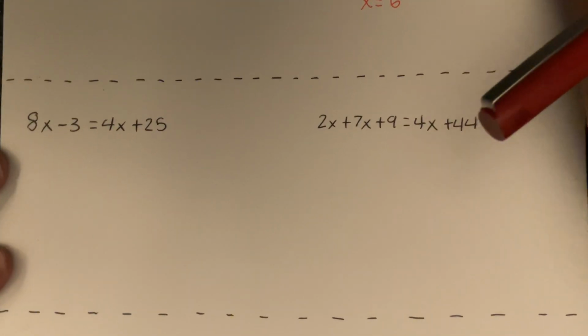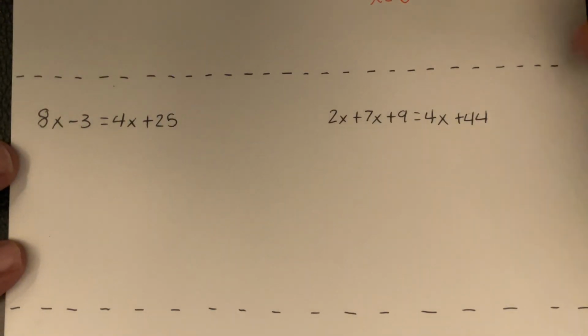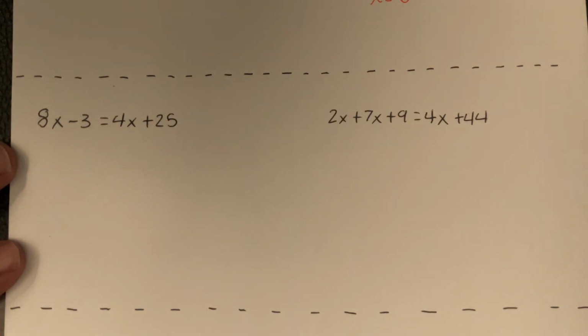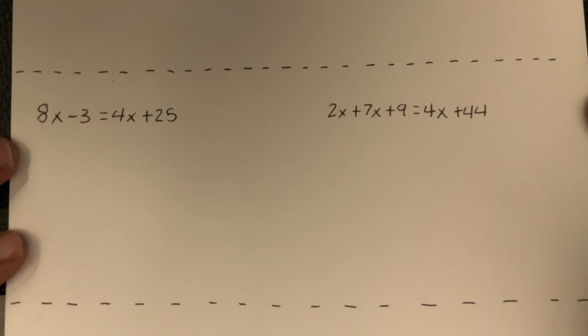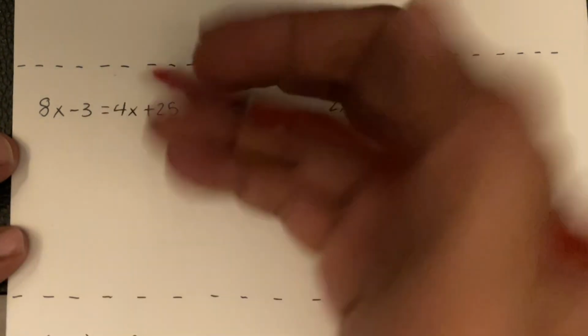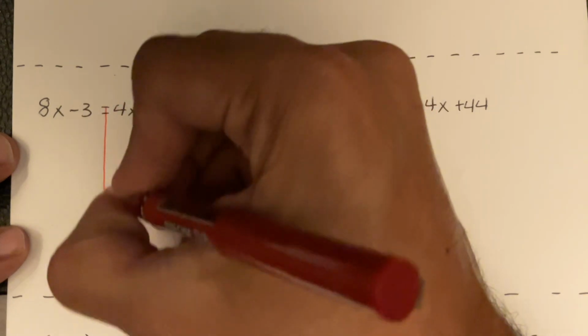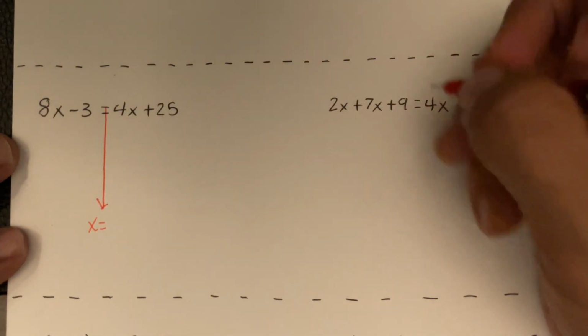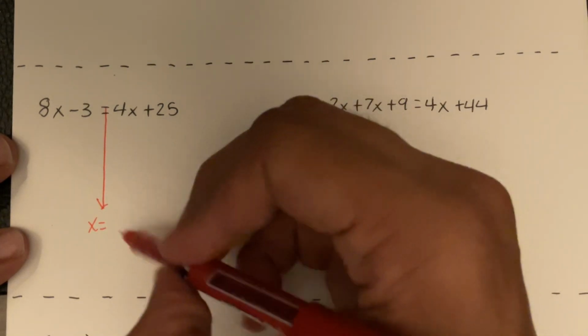Now let's solve this one. Now these are when you have a variable on both sides of the expression. So this is the second lesson we learned. Now, we have too many x's, and we know that the answer needs to end up being x equals this. So there's no x on this side of the equation.